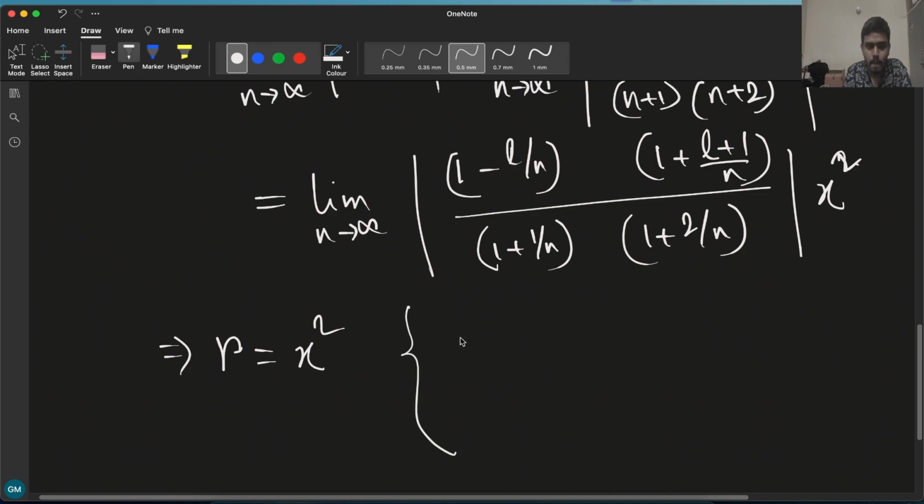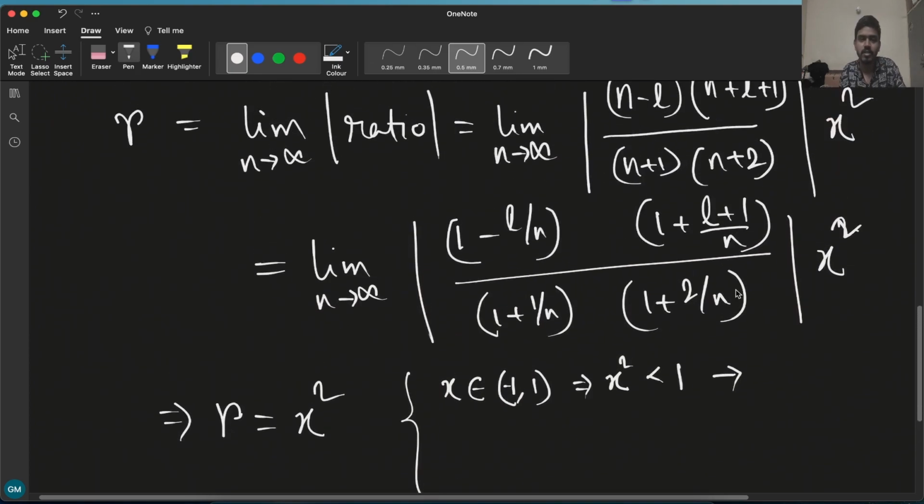So for x belonging to minus 1 to 1, x square is less than 1, which means R is also less than 1, and the ratio test says that the series will converge.